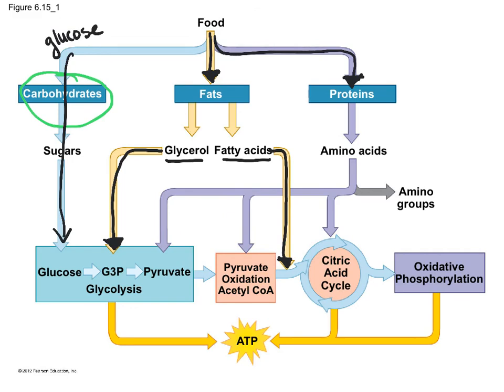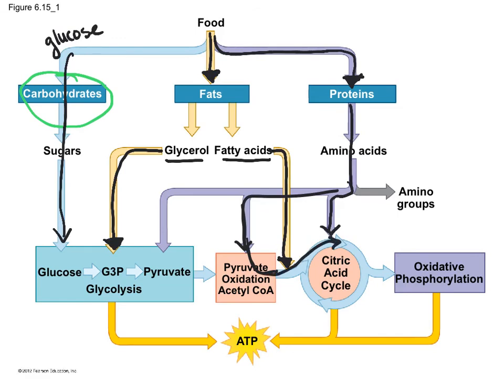And in some cases, depends on the type of amino acid, but proteins can be broken down into their monomers, amino acids. Some amino acids go directly into the citric acid cycle. Some amino acids get converted to pyruvate and go, not directly, indirectly into the citric acid cycle.